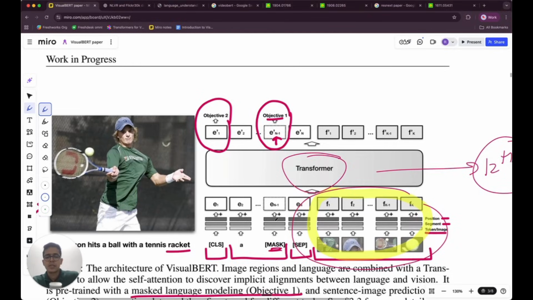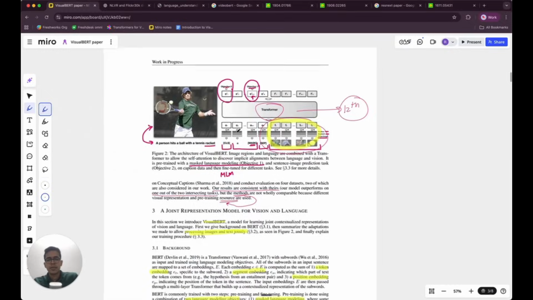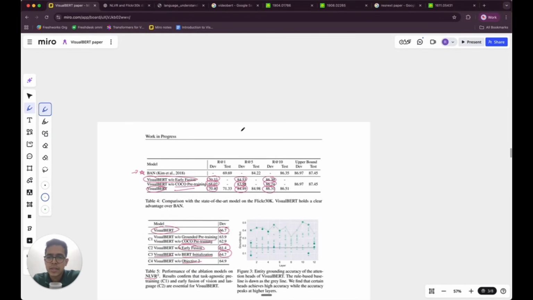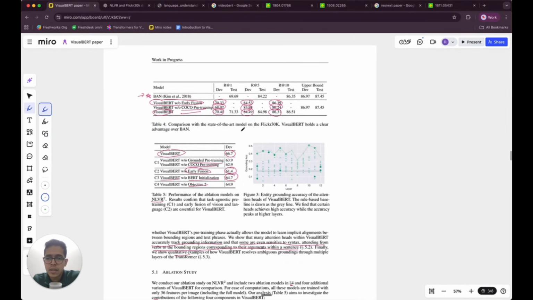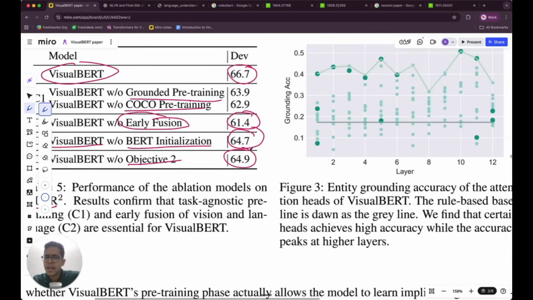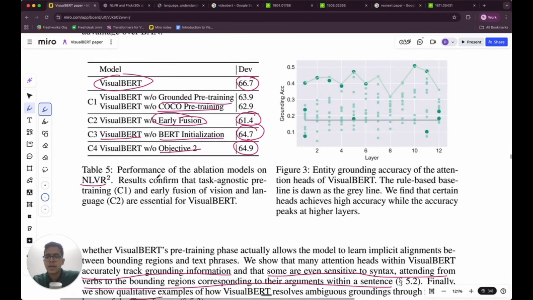Objective 2 was to predict whether the caption and image are from the same pair. That was objective 2. So if objective 2 is not there, I think it should impact the accuracy. Let's see what it does. Yeah, objective 2, if it is removed, accuracy is impacted, but not as much as I would have expected. Results confirm that task agnostic pre-training and early fusion are essential. C1 and C2 are essential. Okay.